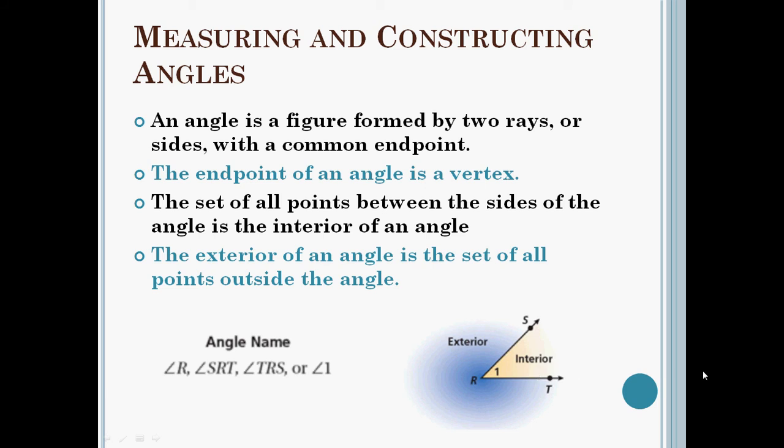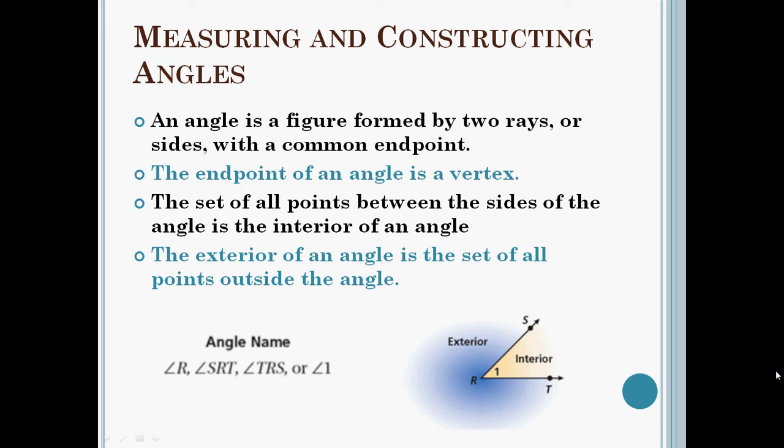I always try to keep interior in mind when I think of an interior decorator. They decorate the inside of the house. So the interior is the points inside the angle. The exterior of an angle is the set of all the points that are outside, or the blue part here. Thinking of, we decorate the exterior at holiday time.